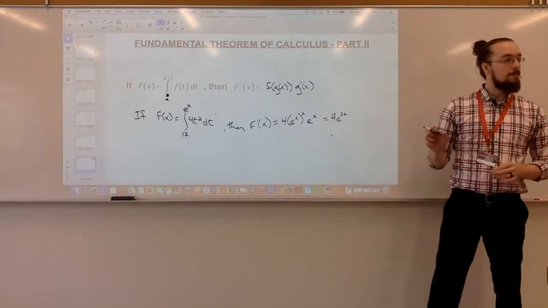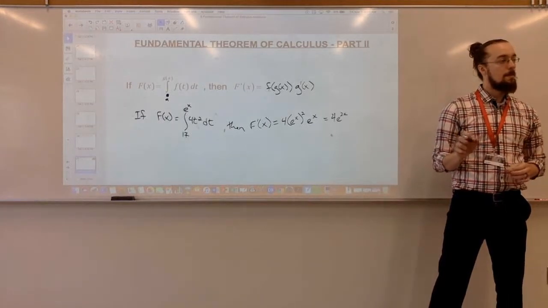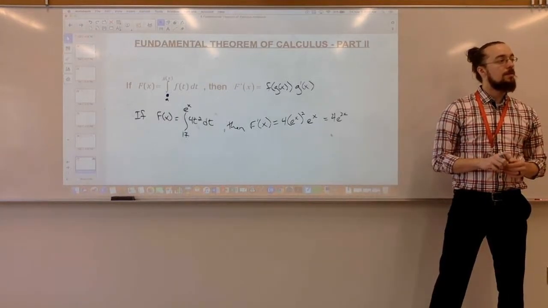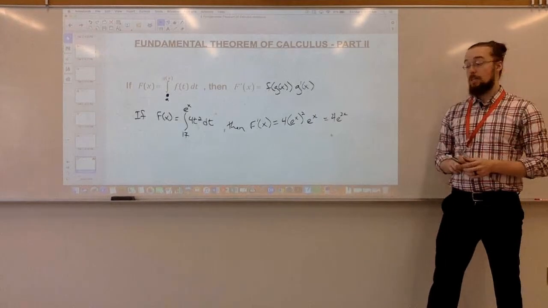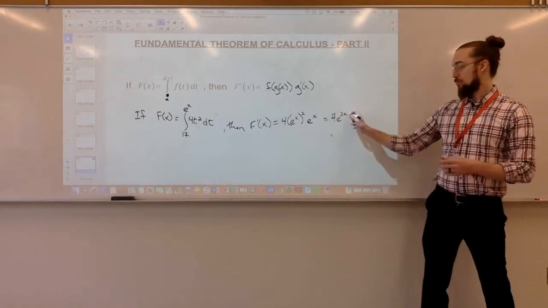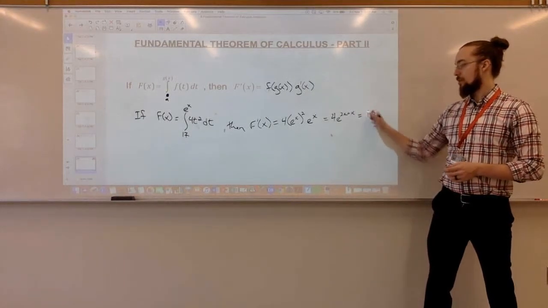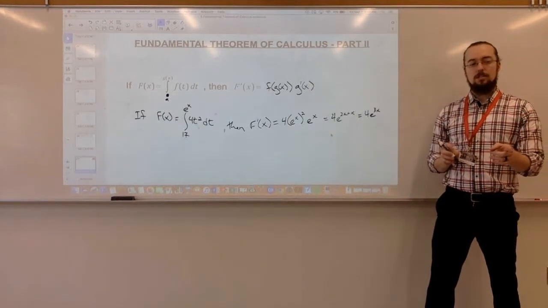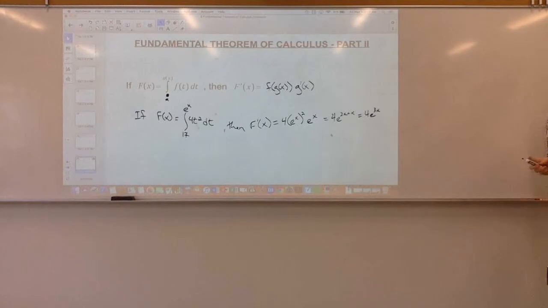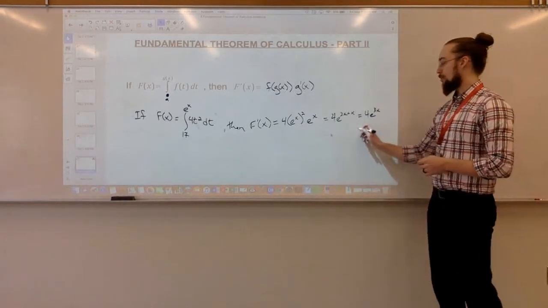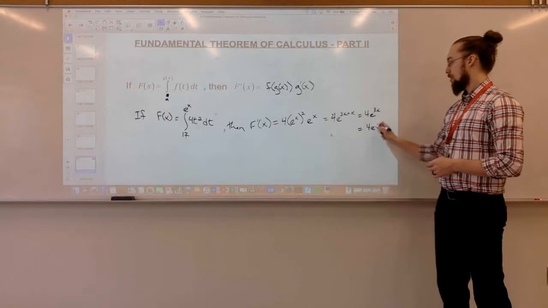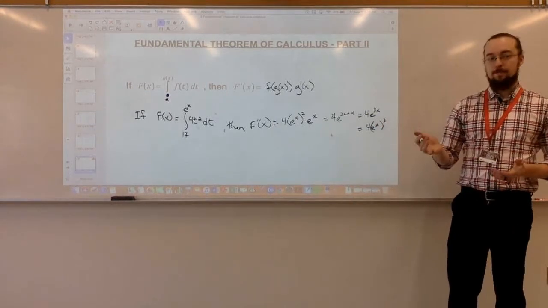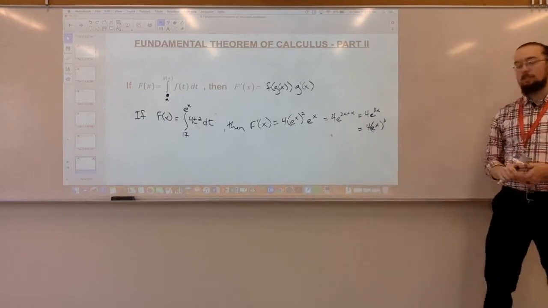You said e to the x cubed. Did you say squared? If we multiply the exponents, we would get 3x.